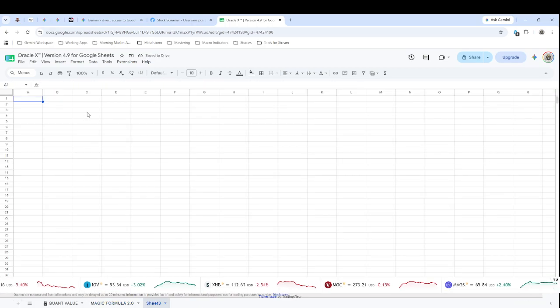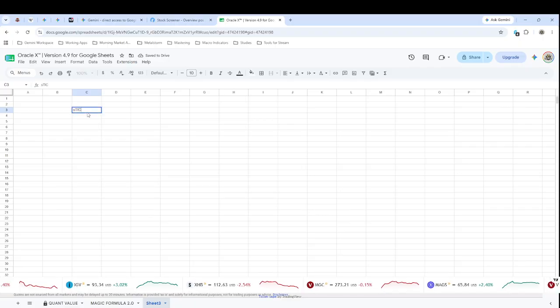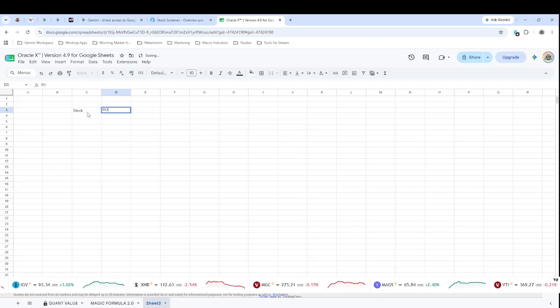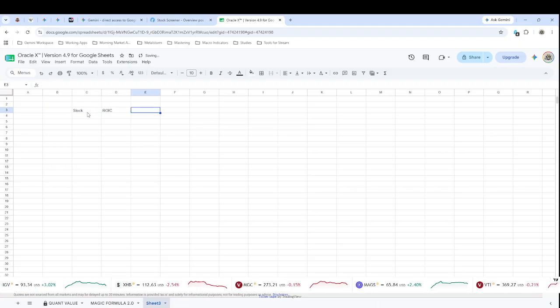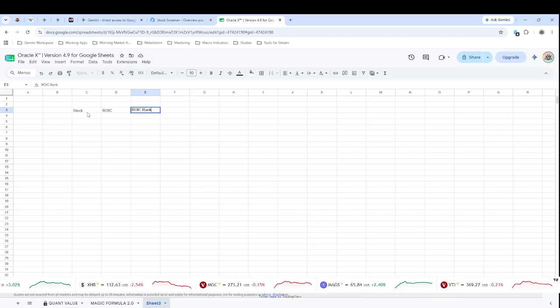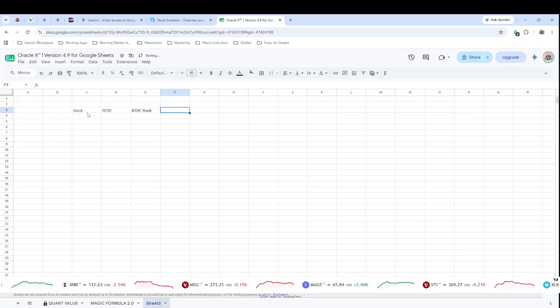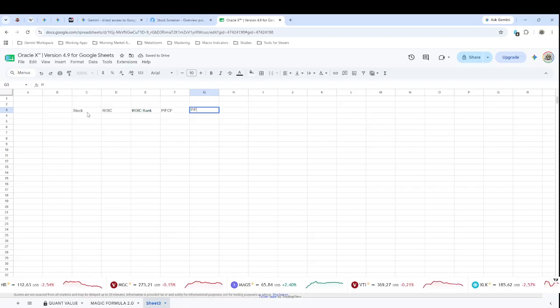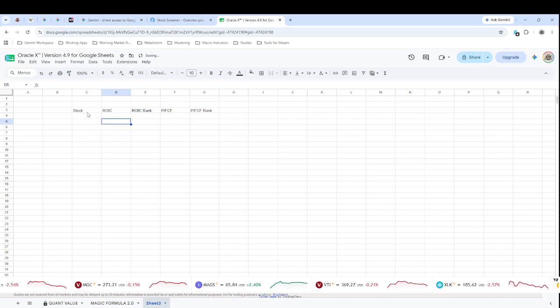Because I'm just gonna create a little spreadsheet here. ROIC, ROIC rank. And we're gonna do price to free cash flow, and price to free cash flow rank. Okay? Keep it real simple.